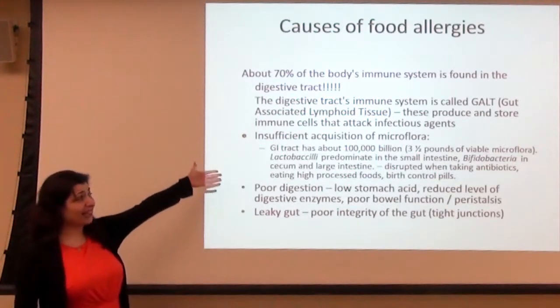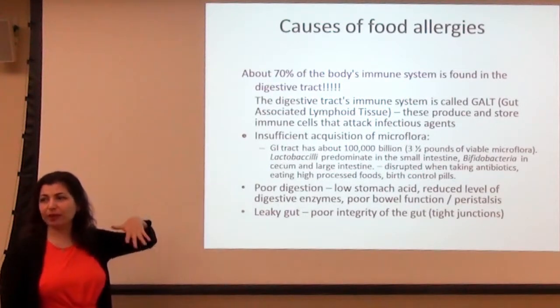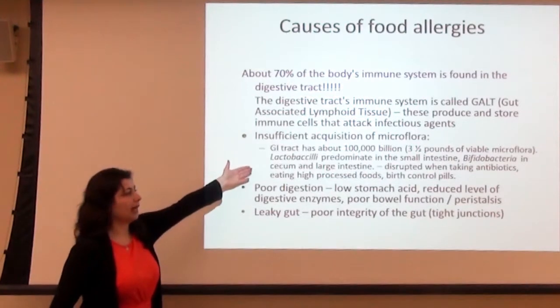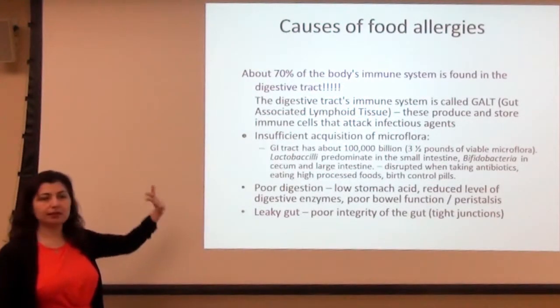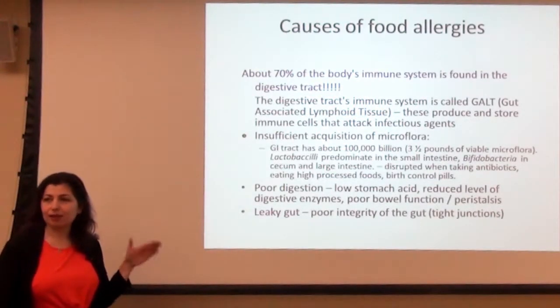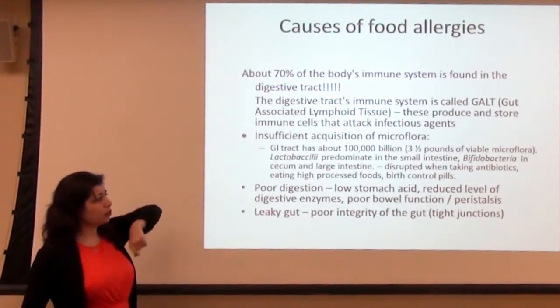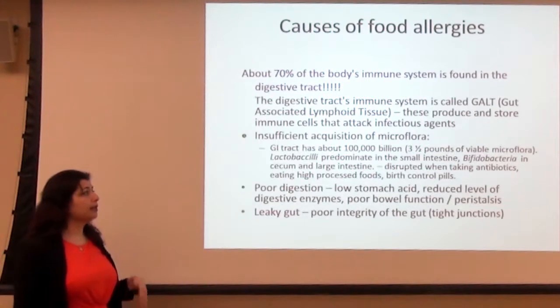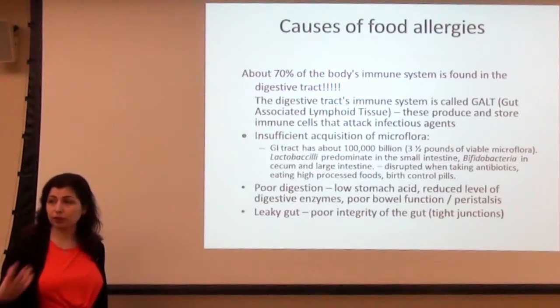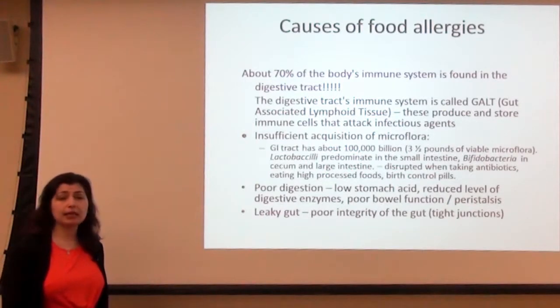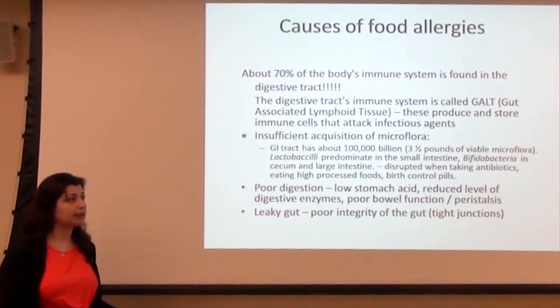We're talking billions and billions of organisms that are helping us balance the good and bad bacteria. These guys are on your side, and sometimes I find that when we balance the good bacteria, we're not as susceptible to food sensitivities. This tends to be disrupted by antibiotics, but also highly processed foods tend to kill them quite a bit, and birth control pills, even NSAIDs like aspirin and ibuprofen, can definitely affect the lining of the gut.